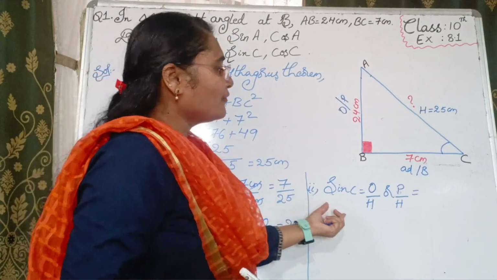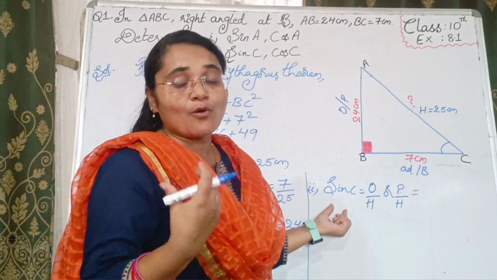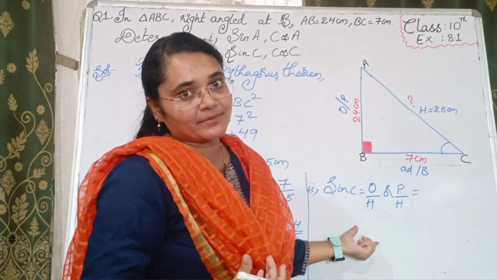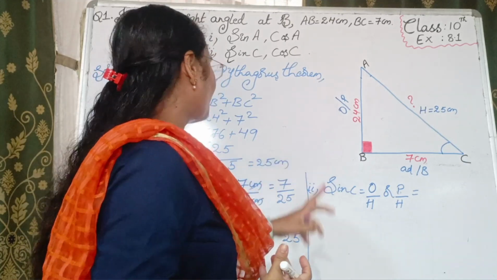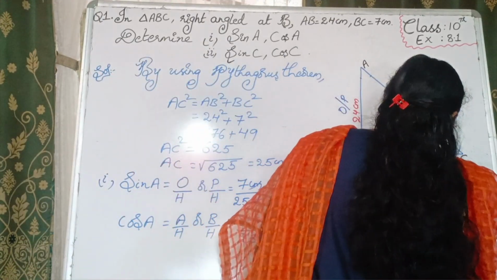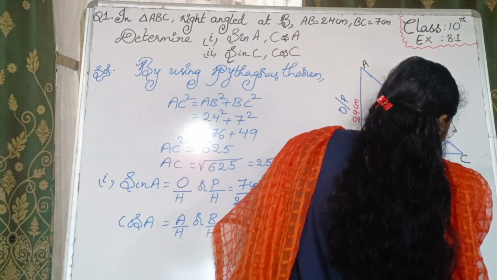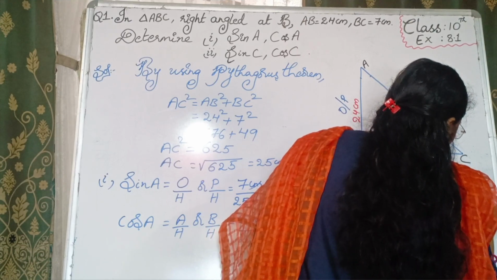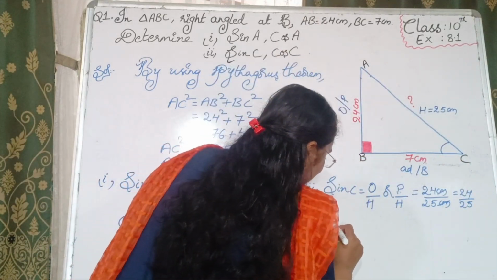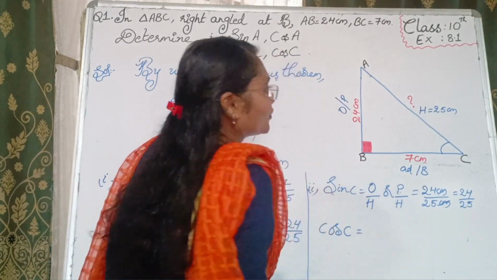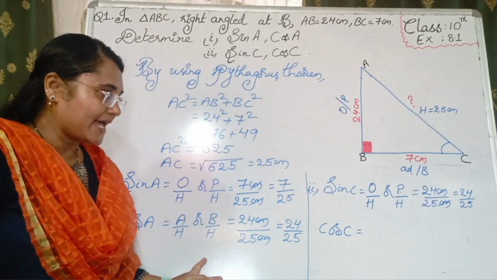Now it will be very easy because we already know the formula. Sin C is equal to opposite by hypotenuse, or perpendicular by hypotenuse. What is the opposite side? AB, 24 centimeters, upon hypotenuse 25. So 24 by 25. Coming to the last one but not the least, cos C is equal to, in the same formula, adjacent by hypotenuse, or base by hypotenuse.